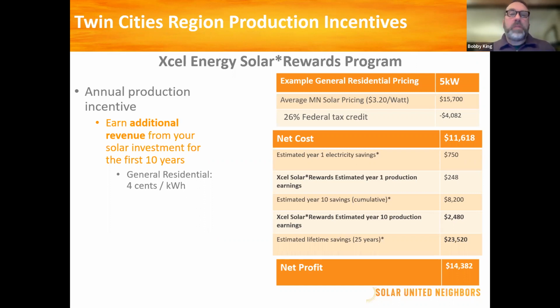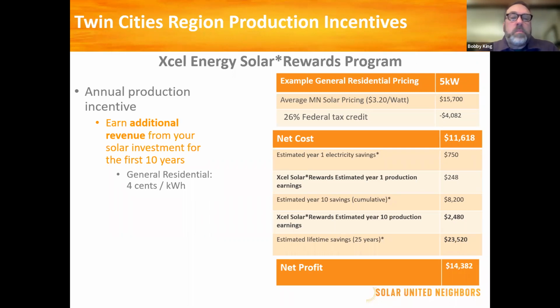So here's an example of how Solar Rewards might work on a 5 kilowatt system. You'll see the cost, if we figure $3.20 a watt, is $15,700, and the tax credit is $4,082. $750 worth of electricity is generated.